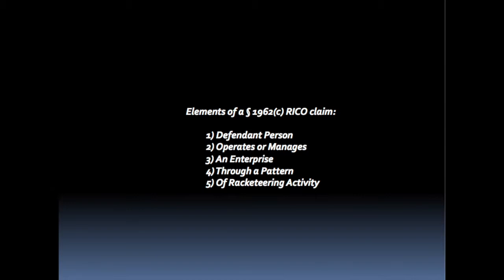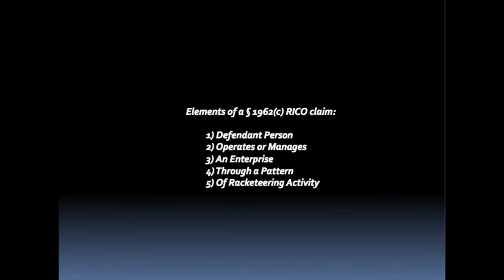So what are the elements of a 1962C violation? First and foremost, you need to identify a defendant person. Now, normally you don't consider the defendant to be an element of any kind of substantive liability, but under RICO it's very important to identify the person who is going to be liable, because you need to distinguish that person from the enterprise.